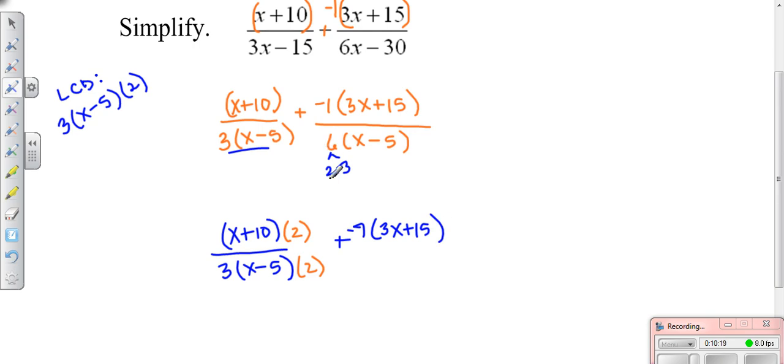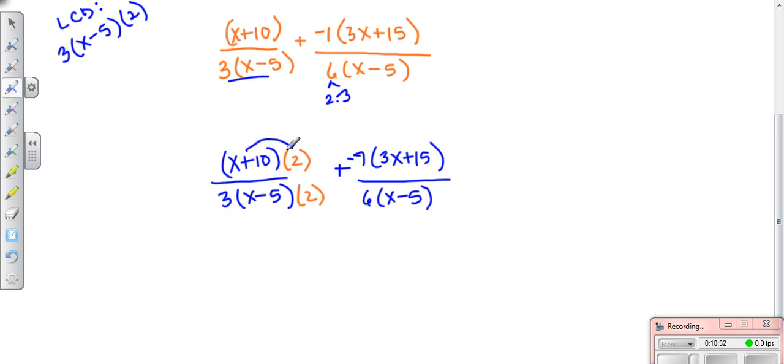And here I have 2 times 3x minus 5. That is my common denominator, so nothing is going to change over here. I have a common denominator, so I'm going to go ahead and do the distributive property to both of these and combine them as a single fraction.